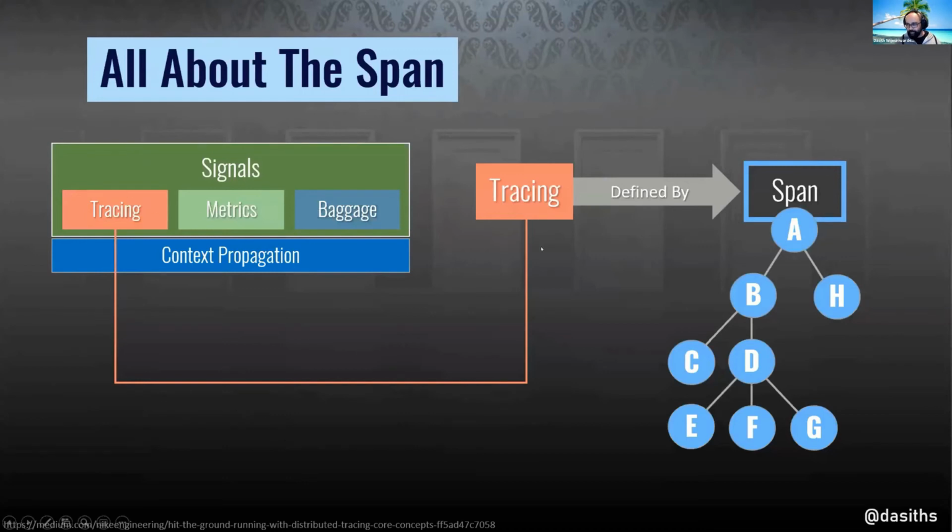So for those who remember how I said there are 3 types of signals, tracing, metrics, and baggage. In OpenTelemetry, tracing is represented and defined by a span. A span can have a root and then children being spun up as it goes deeper like this. And you'll see that in the monitoring tools and also in examples. There are 2 ways you can visualize this hierarchy.